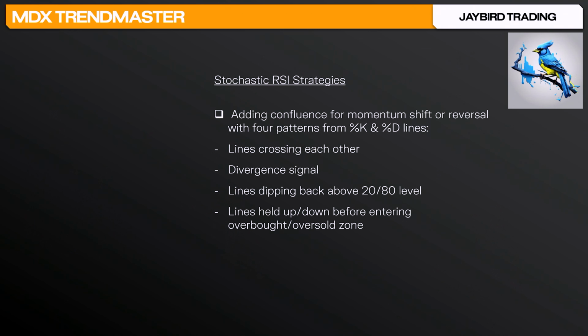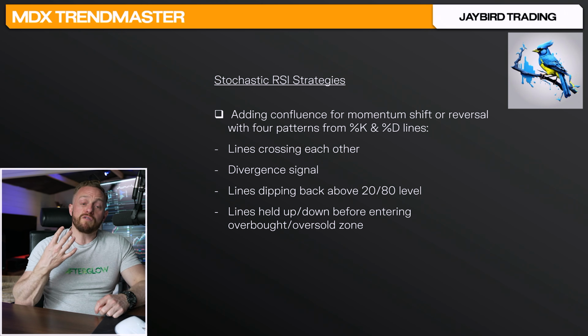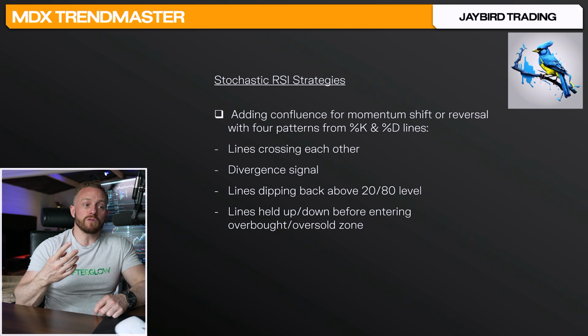To hit even better gains, JayBird outlines how he uses the stochastic RSI to provide further confluence to those regular RSI signals. More specifically, he looks for 4 patterns with those percentage K and D lines.